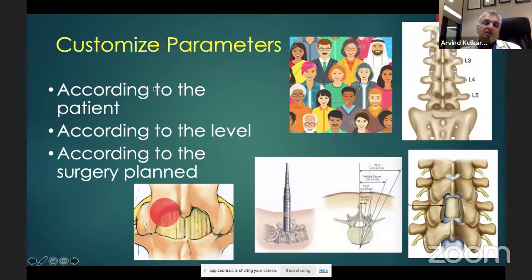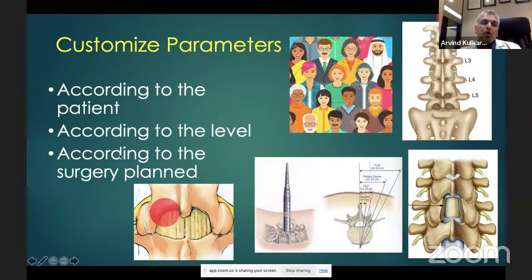As I said, you have to customize your parameters according to the patient, according to the level. The vertebrae are smaller at the upper lumbar levels. The lamina are wider at L4-5, L5-S1. So this has to be ingrained in your system, it should come naturally to you when you're operating on patients.